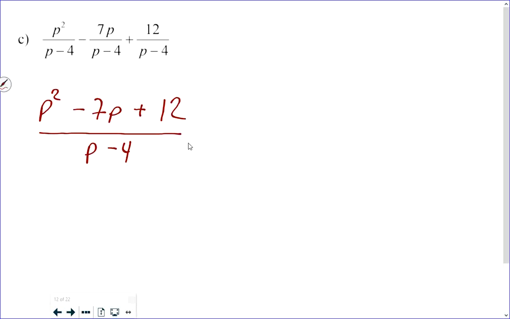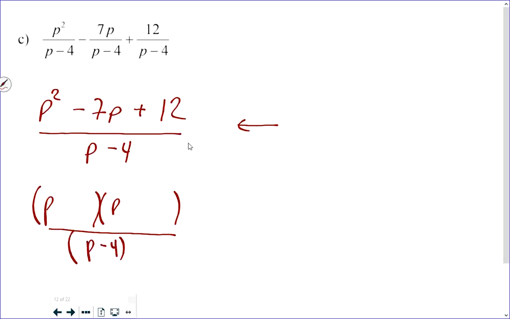And this is a lesson 1 question now. In lesson 1, we learned how to simplify a rational expression. You do so by factoring and canceling. And you guys should be becoming almost masters at factoring. Let's see, I'm looking for 2 numbers that multiply to give 12 and add to give negative 7.